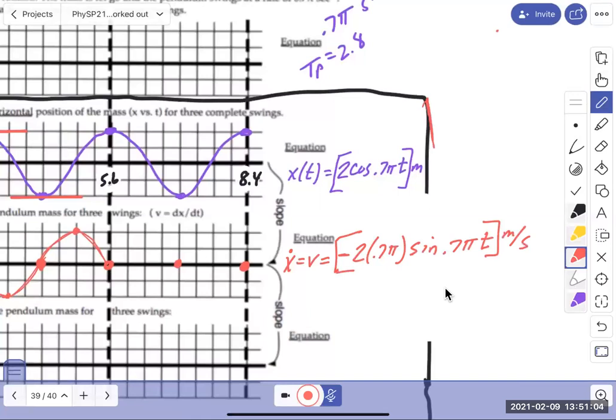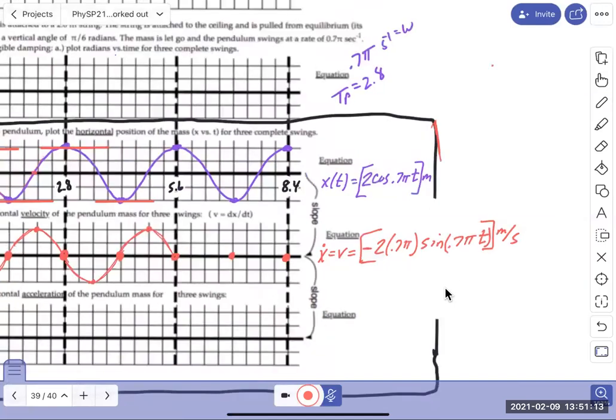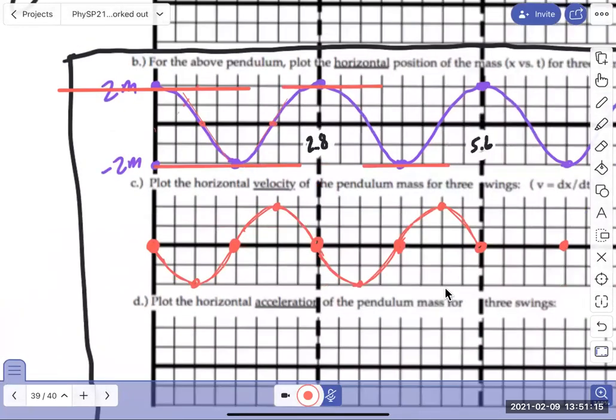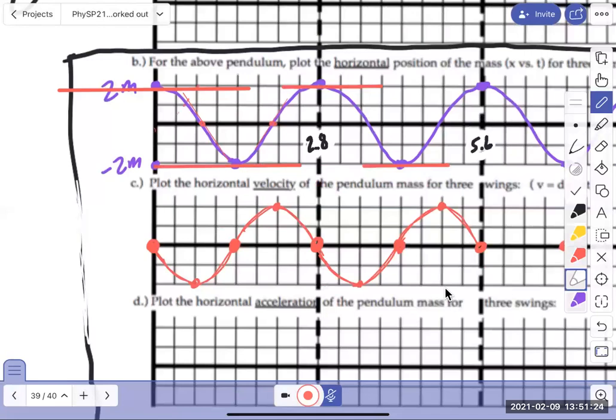Boom. Parentheses, just to be careful. So 2 times 0.7 pi is 1.4 pi. So that means that the maximum values tell you how fast your velocity can go. How fast can my velocity be?